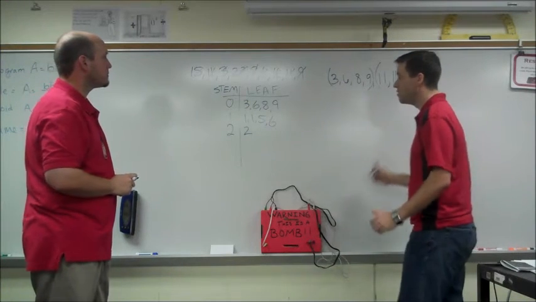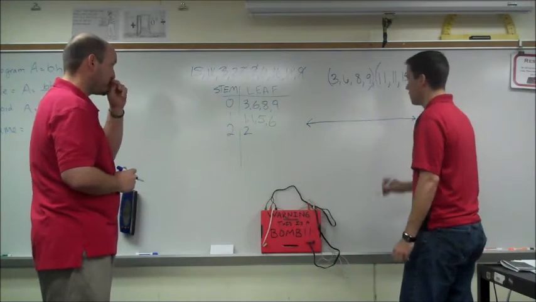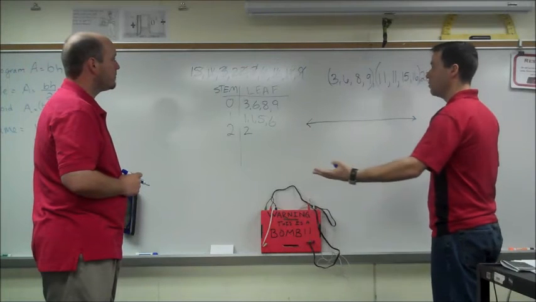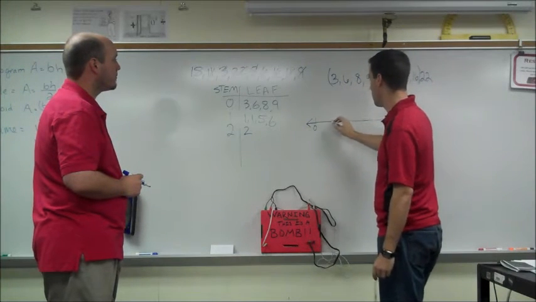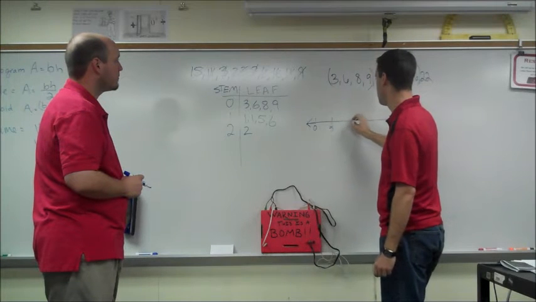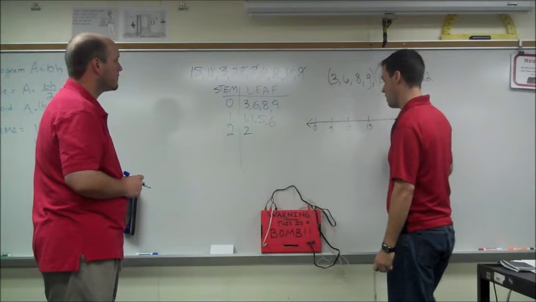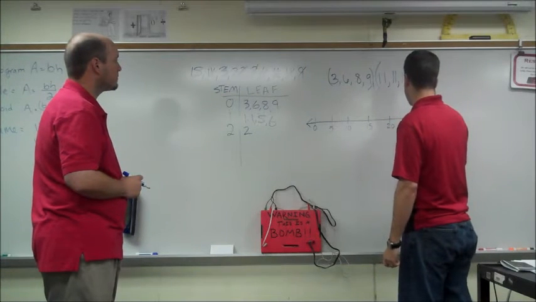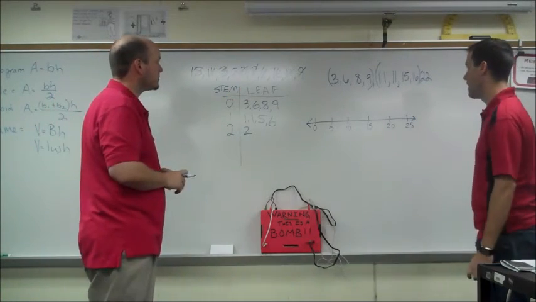A box plot uses a number line. And that number line needs to include all of our data. So I'm going to put down here a 0, and I'm going to count by 5s. 5, 10, 15, 20, 25. All right, so that'll at least get us from the number 3 to 22. Exactly.